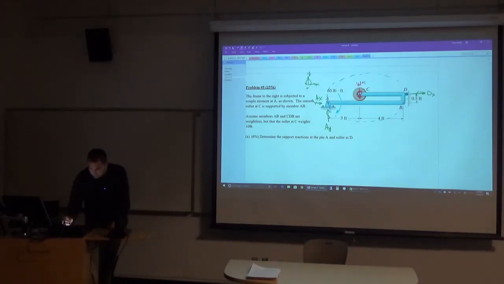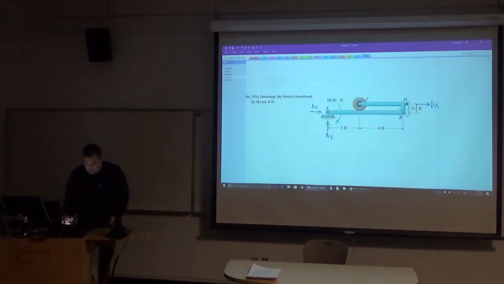The weight of this roller is 10 pounds. So sorry about that. But same thing is going to be applicable here. Weight equals 10 pounds. But so there is a reaction between the roller at C and this member AB. So AB is not a 2-force member, which means there are going to be 2 unknowns, 2 forces transferred by the pin at B.